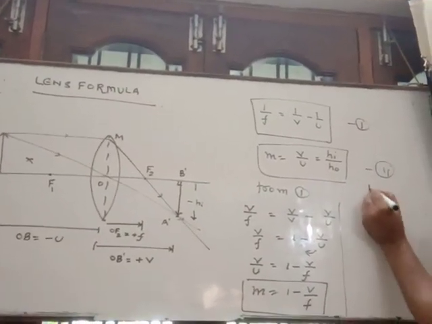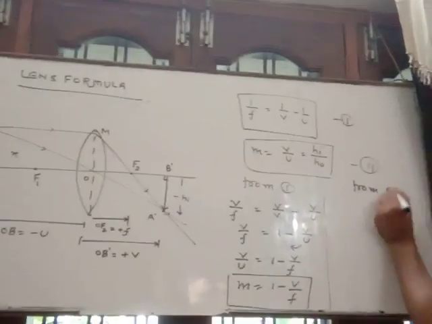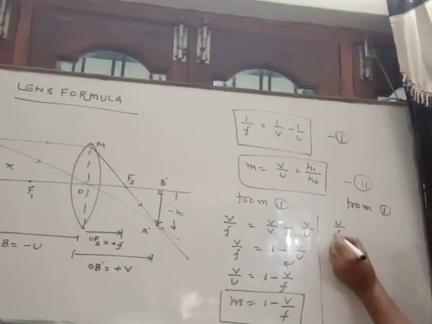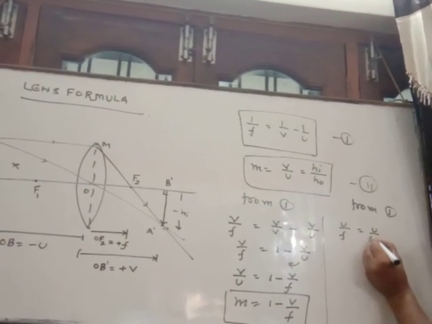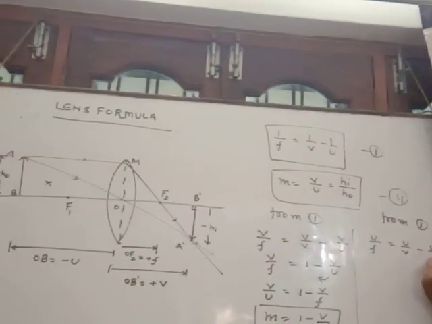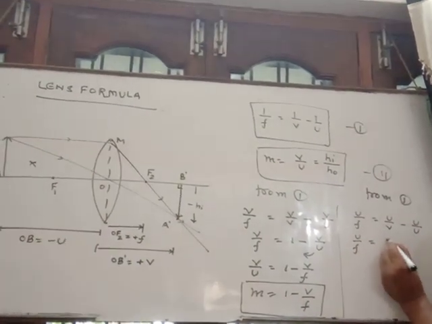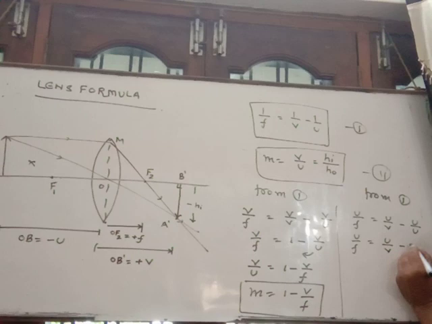Similarly, from the first, multiply both sides by U, then it becomes U by F is equal to U by V minus U by U. That is U by F is equal to U by V minus 1.